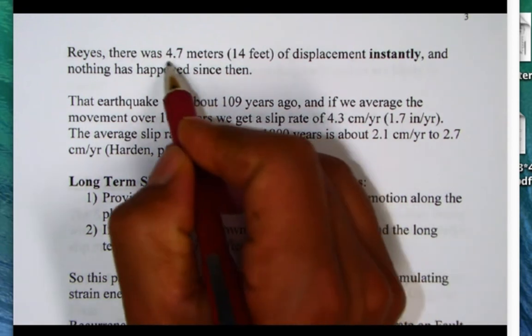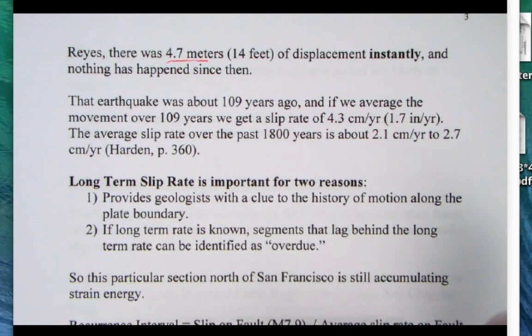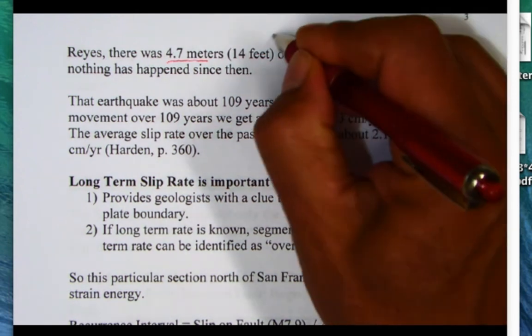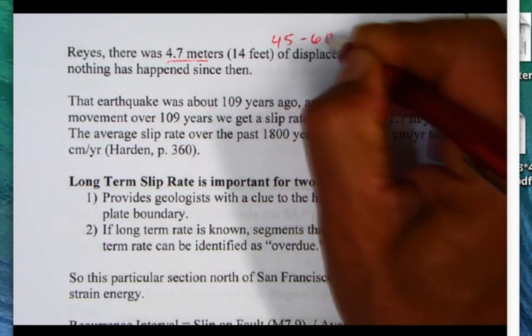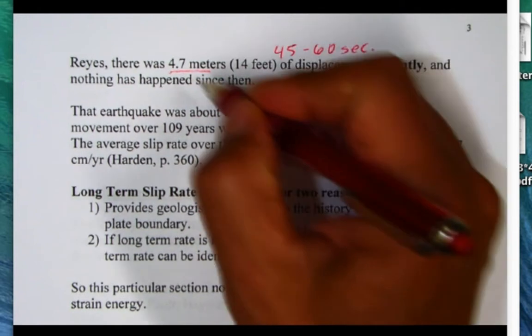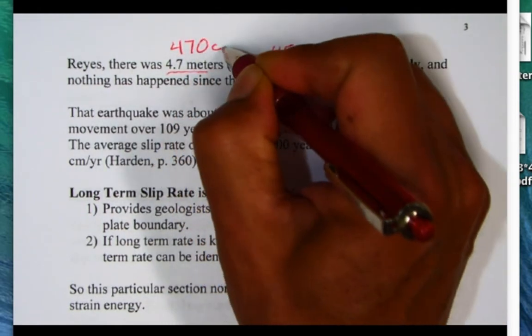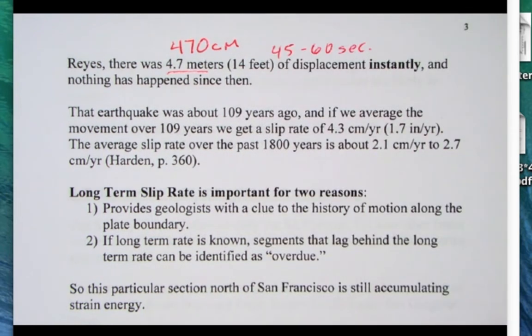And note that there was 4.7 meters of offset that happened basically. This was anywhere from 45 to 60 seconds of shaking. So in a minute, there was 14 feet of offset. And note that we're going to use centimeters later on, so that's really 470 centimeters that were offset.